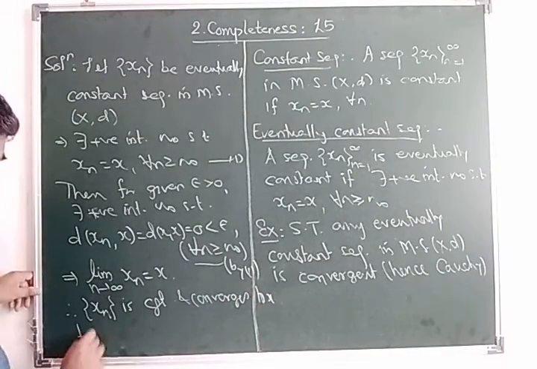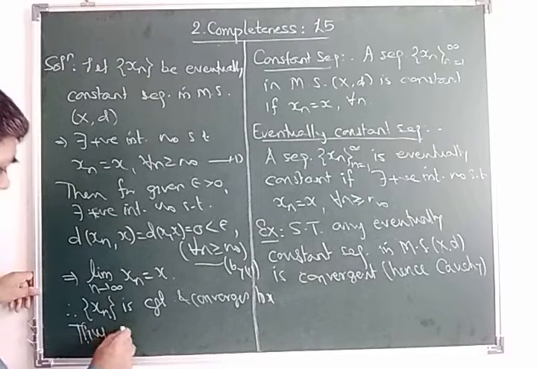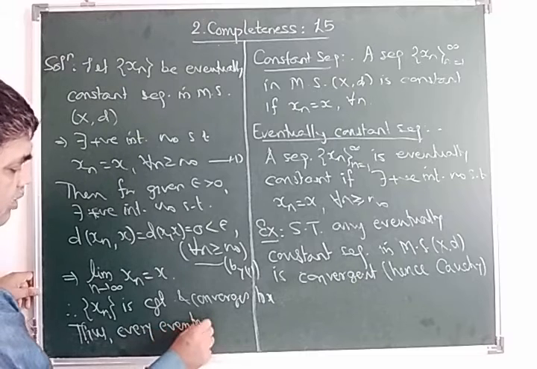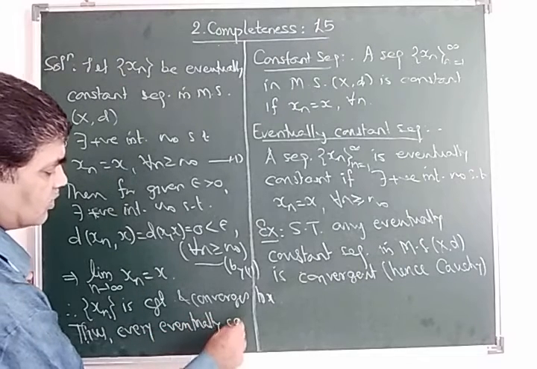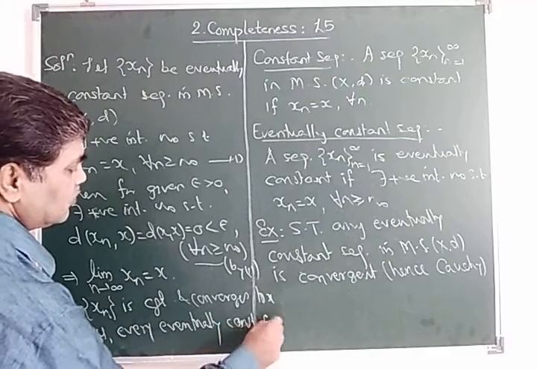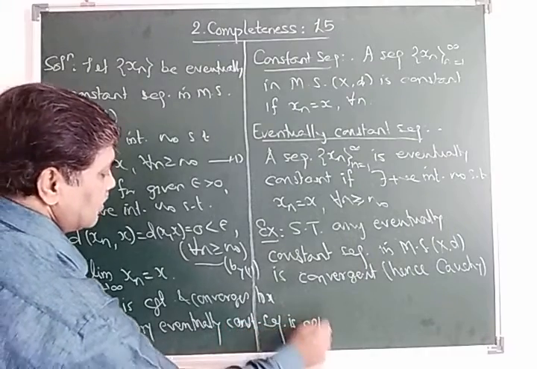Hence the result: every eventually constant sequence is convergent.